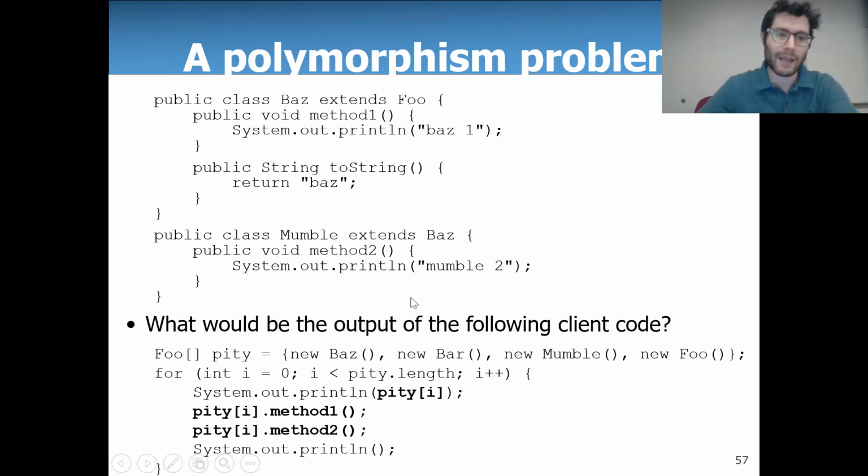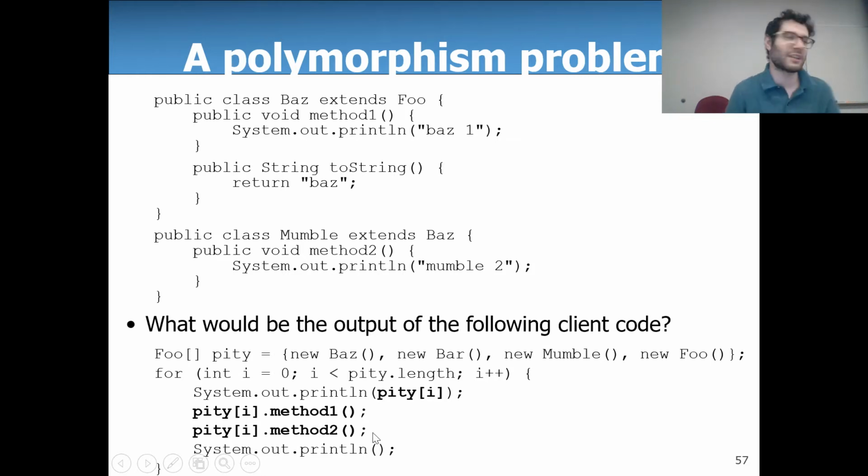Now we have an array of foo called pity. It consists of a baz, a bar, a mumble, and a foo. Now it iterates over all the indices in pity. It prints out the item, then it calls method 1 and method 2 on the item.